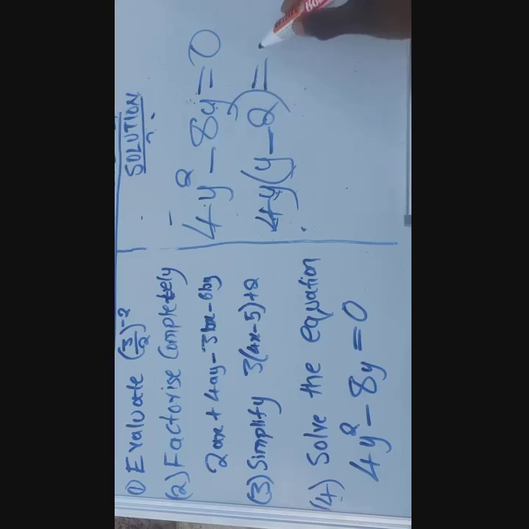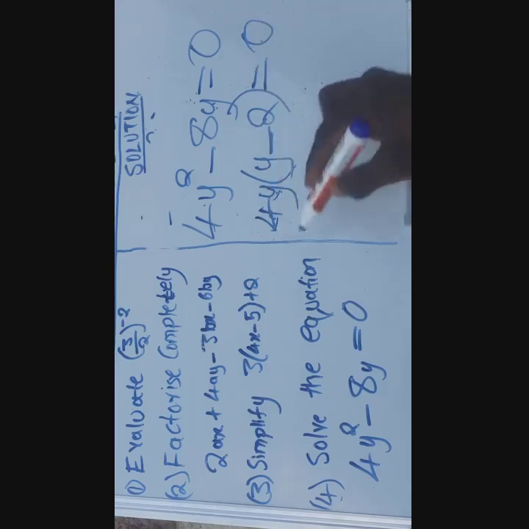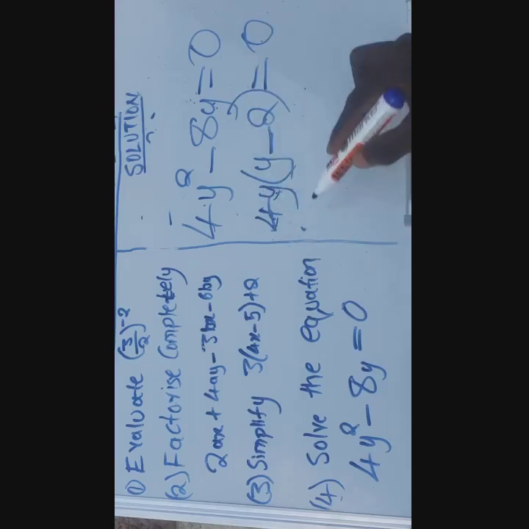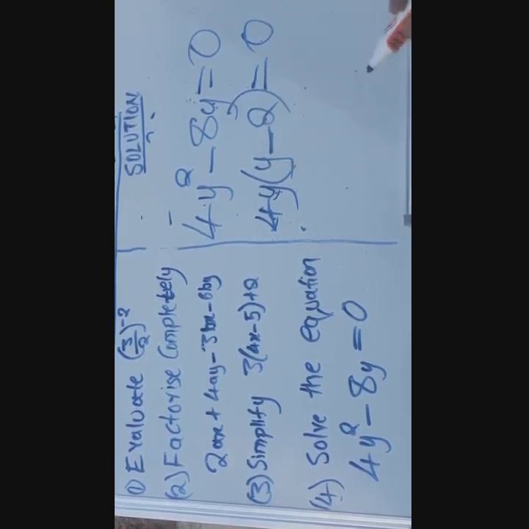Then all this we are going to equate to 0 that we have here. Alright, then when you reach this stage, the second procedure now, you have to get everything that is outside the brackets and equate it to 0. Then everything that is inside the brackets also, you should equate it to 0.